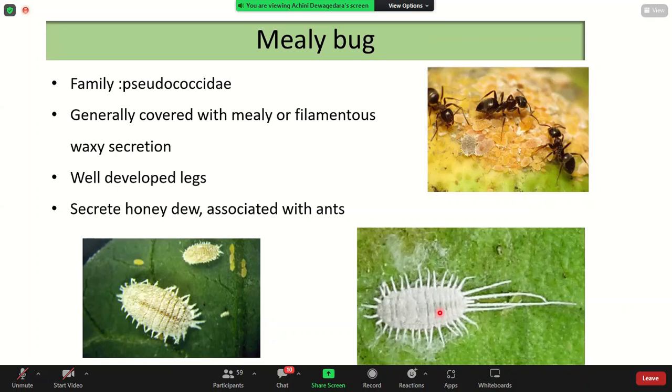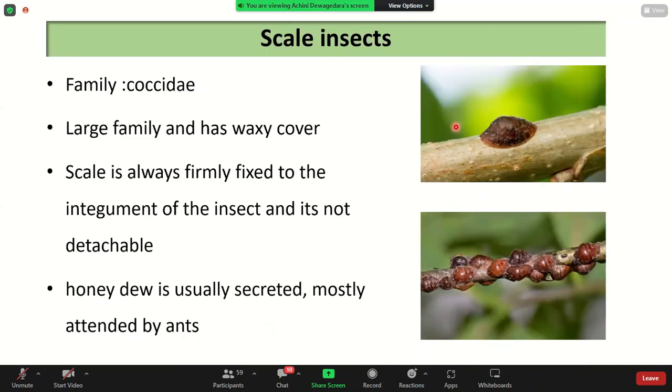They can move from tree to tree or from leaves, and they have sucking mouth parts, and they release honeydews, and ants are also associated with them, right? These insects are causing huge damage to crops.